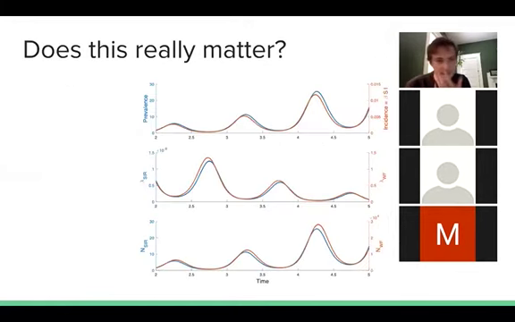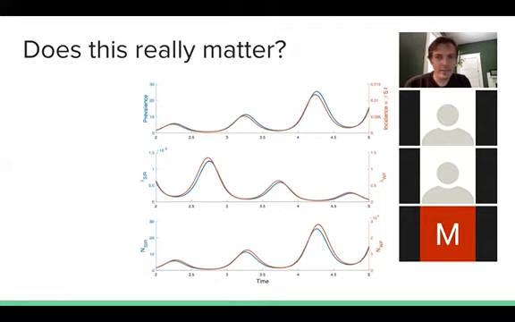So we can ask if this really matters. Would inferences of the population dynamics through time under our SIR coalescent model differ substantially from inferences under our simple Wright-Fisher coalescent model?